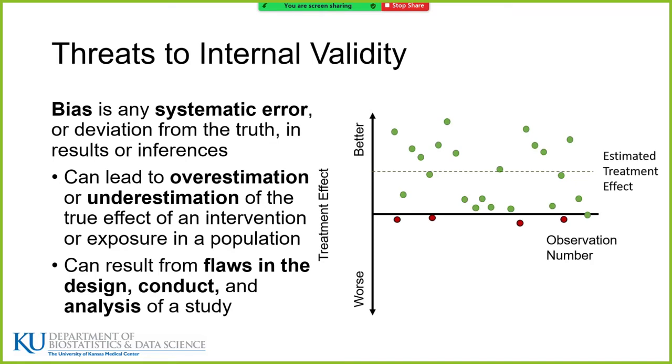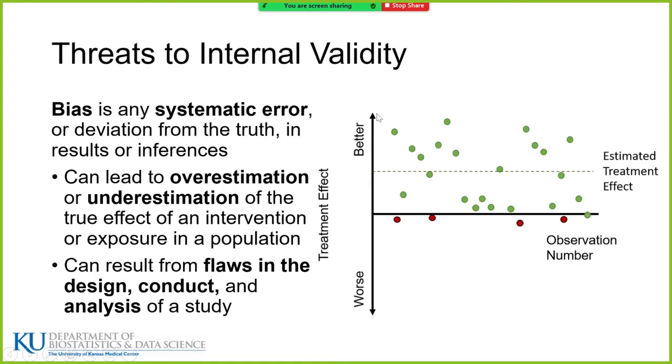One of the major sources of bias in a randomized controlled trial is the idea that participants may drop out as a function of how well their treatment is working. So what I have here in this figure is a picture of, along this x-axis, just the patient ID. So patient number 1, and then all the way out to patient number 25.